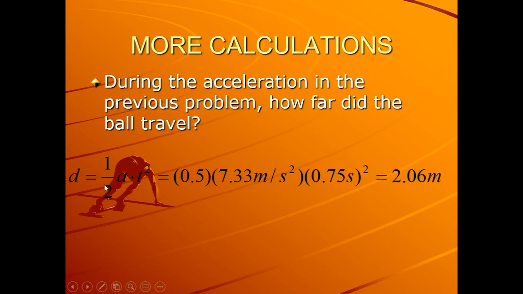Then your acceleration from the previous problem is 7.33 meters per second squared. And then you have your time, 0.75 seconds, and you're squaring only time. You do your calculations and you get 2.06 meters. So that's the distance the ball traveled in the previous problem.